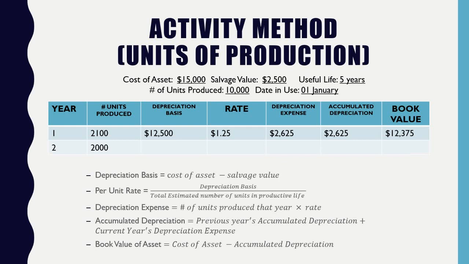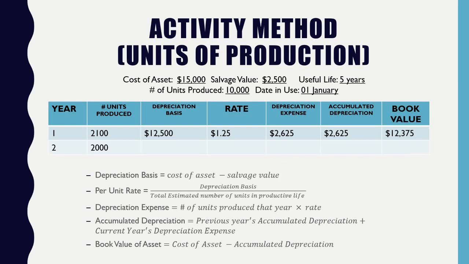What else can I determine? The next one is, what's my per unit rate? And it's 125. Yes, because it's going to be my depreciation basis divided by my total number of units produced. So in this case, it's still 10,000, right?